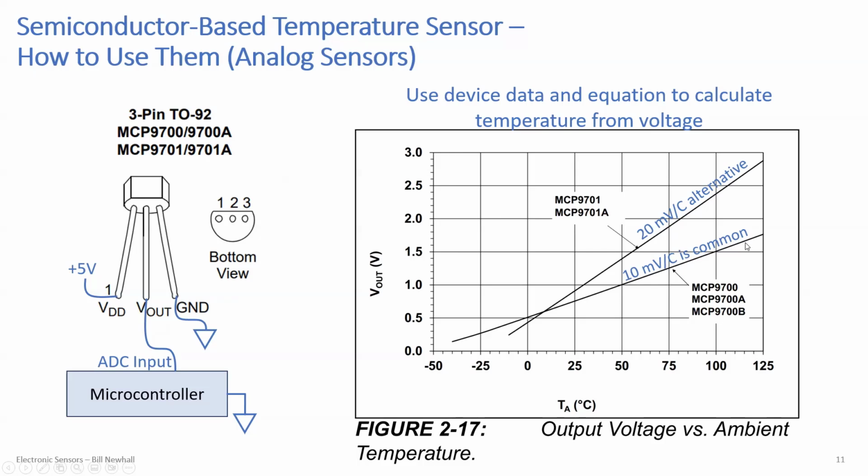You can find many parts that give you that slope. But if you need higher sensitivity, you can use this 20 millivolts per degree C. So there's another part number in this family that gives you 20 millivolts per degree C. So it's a little more responsive to changes in temperature.